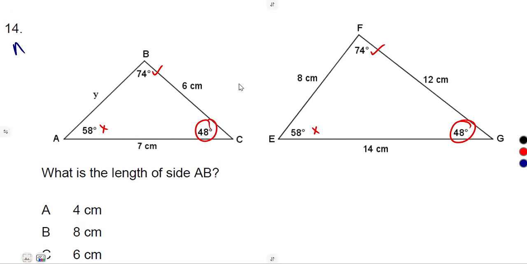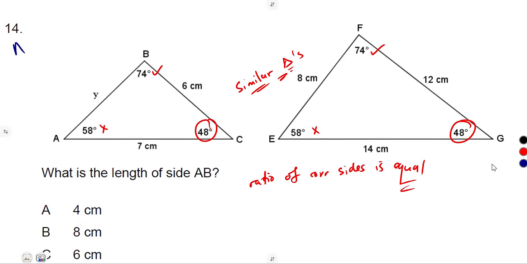These are similar triangles, where we know that from similar triangles, the ratio of corresponding sides is equal throughout, from our proportion concept.